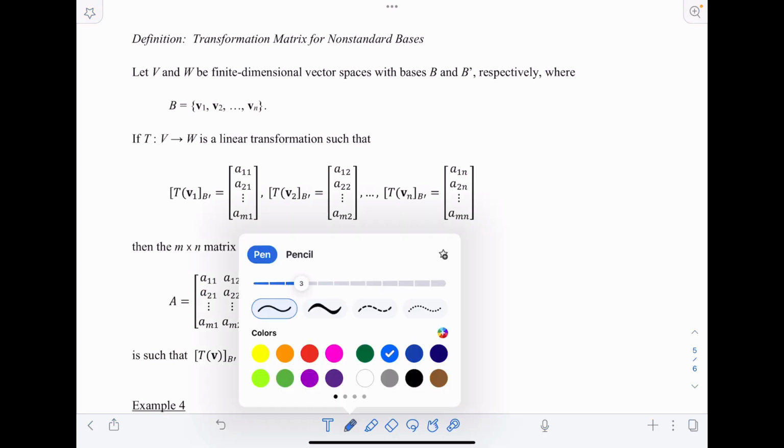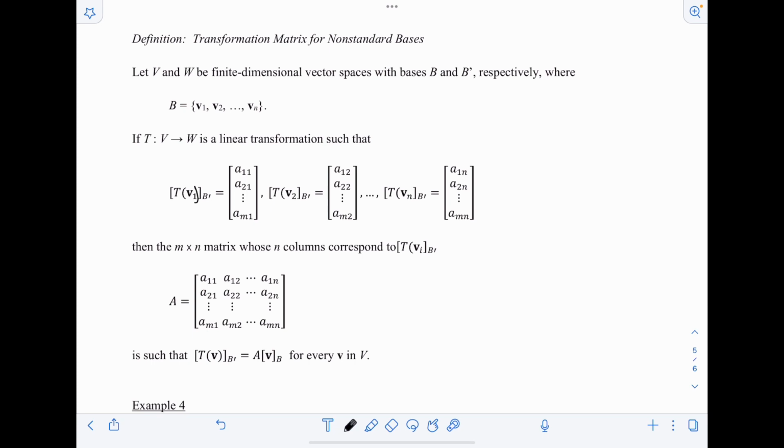I'm missing some parentheses. Let me write those in. So you have a parenthesis there, there, and there. So then basically it says T of V1 for B prime is the column matrix A11, A21, and so on.